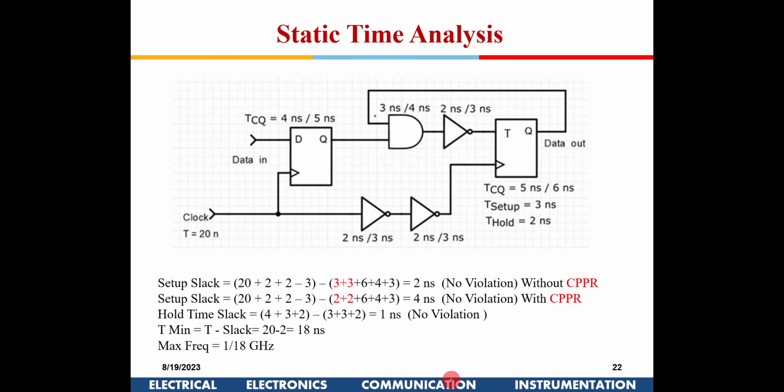Sir, question: when you have this loop, for the setup path, I'm not able to understand how this 3 plus 3 plus 6 plus 4 plus 3 is taken for the data path delay. Say at t equal to 0, suppose this is going high.